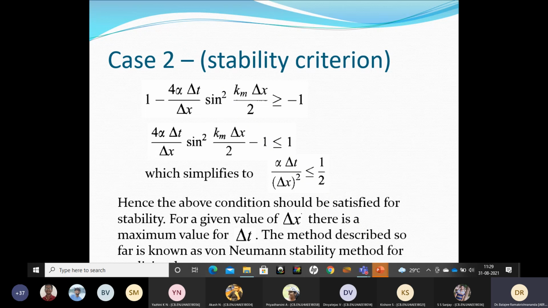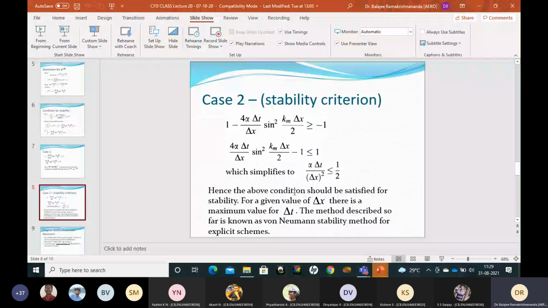Now this method described so far is known as the von Neumann stability method for explicit schemes. You can use it for other equations also, other FDEs also. From FDE to FDE it will be different.